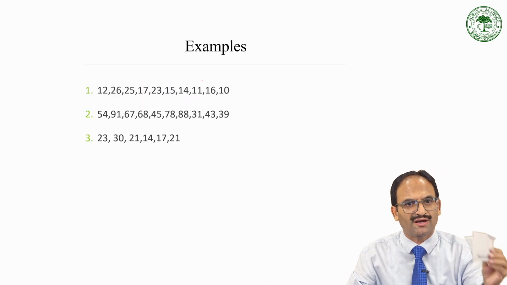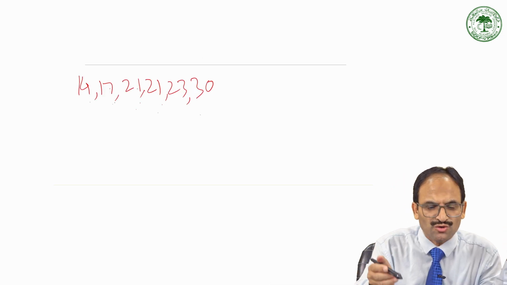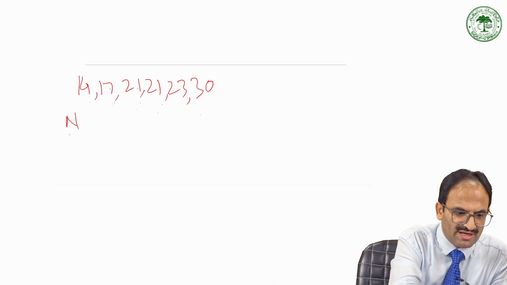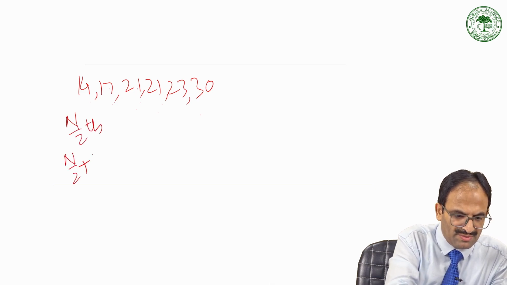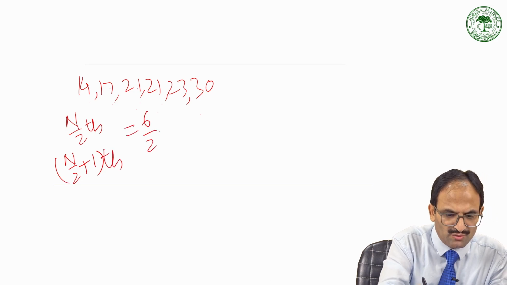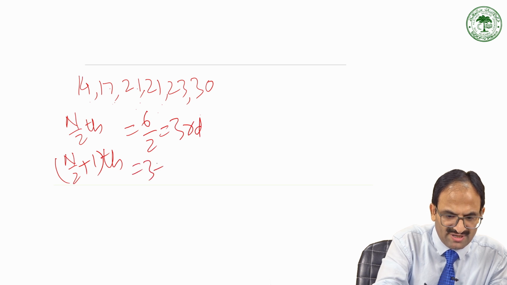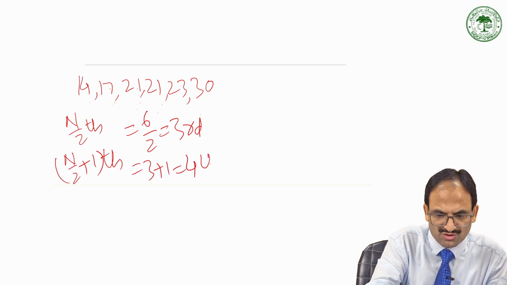So let me check: 14, 17, 21, 21, 23 and 30. So the n by 2th term and the n by 2 plus 1th term. So it is 6 by 2, that is the 3rd term. It is 3 plus 1, that is the 4th term.